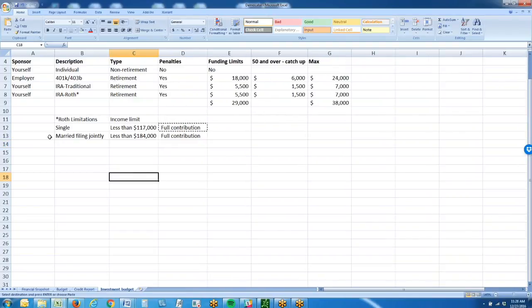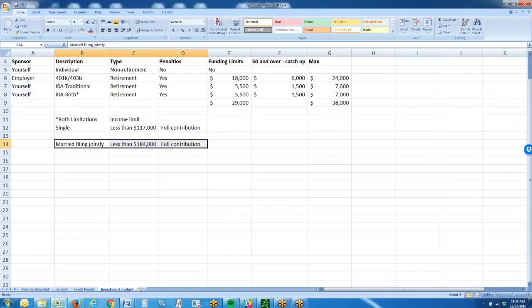Now, there's an in-between as well. The in-between is where you start to get phased out. The cutoff point for single filers is $132,000 or more, and then you're ineligible.